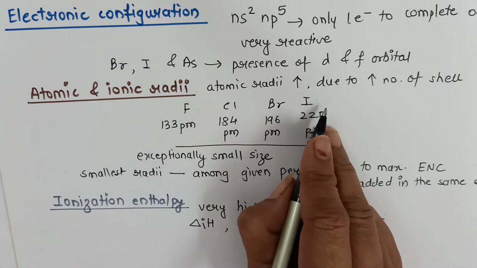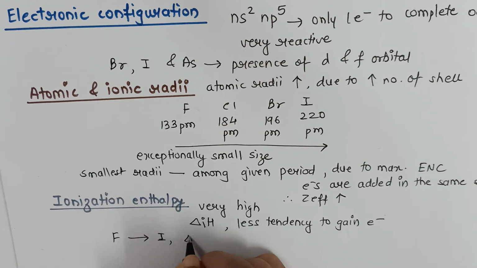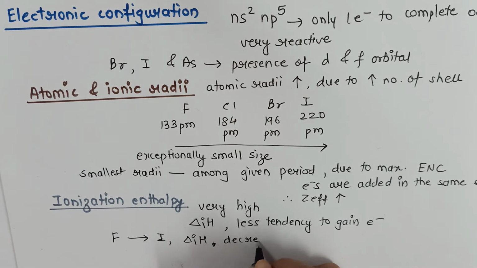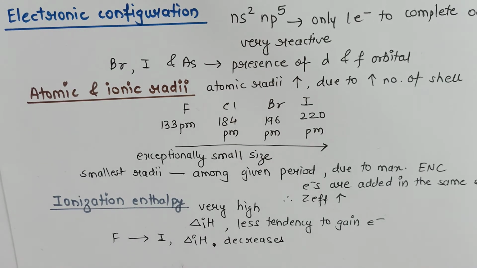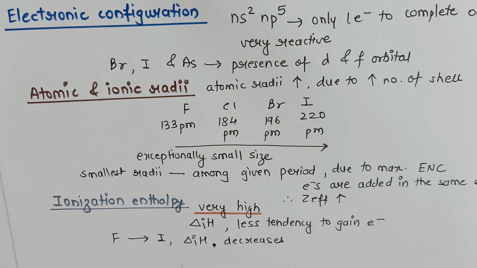As we move from fluorine to iodine, down the group, ionization enthalpy decreases. But mainly you have to remember that the ionization enthalpy of halogens is very high because they have the tendency to gain electrons and not to lose.